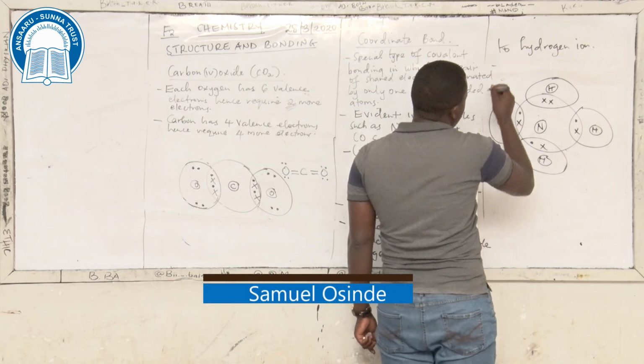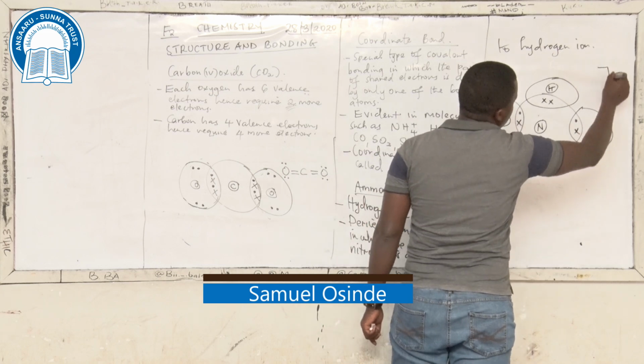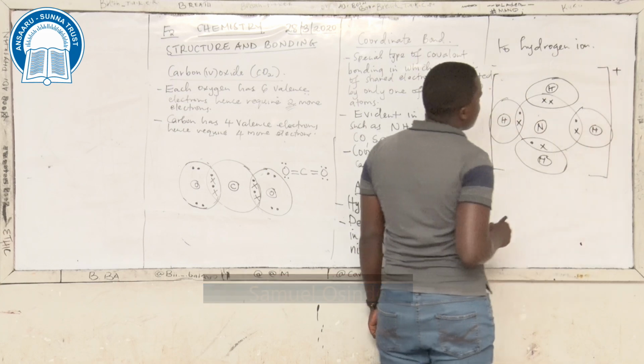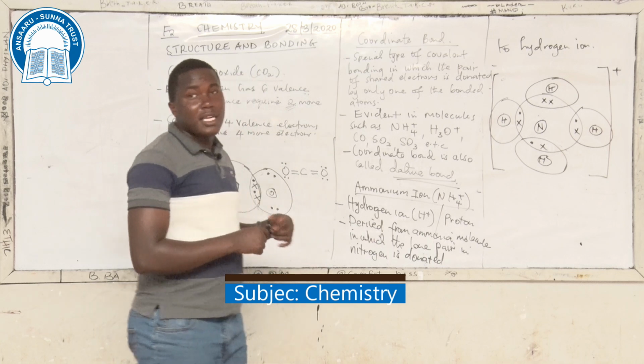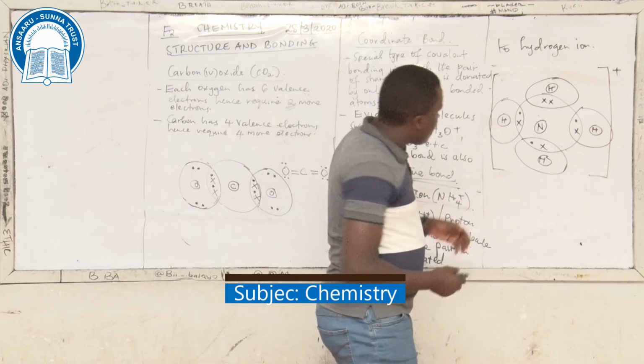That is why when you draw this, you must put the brackets and then say plus, because there is an additional proton in the structure, and therefore the net charge of this is positive.